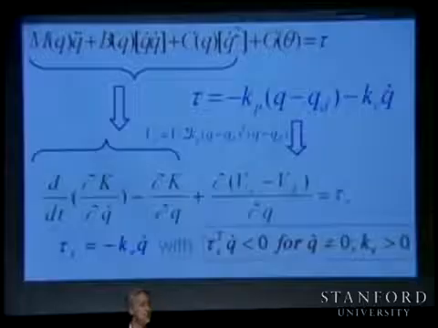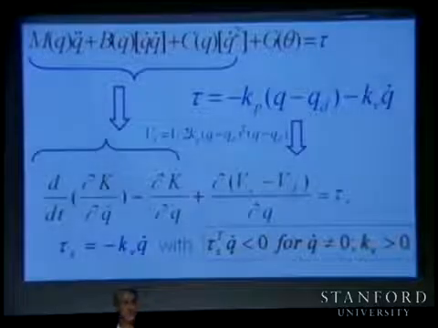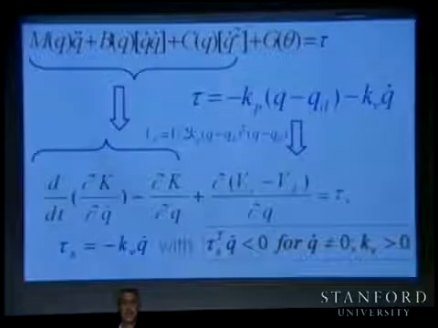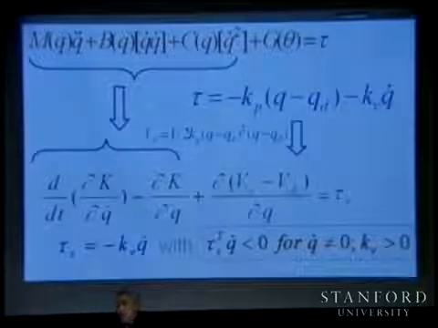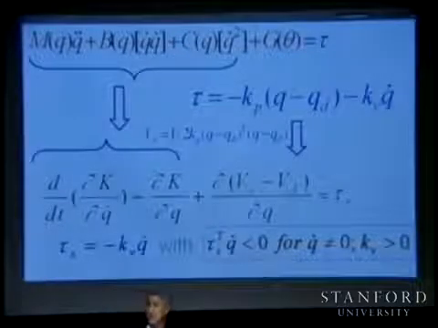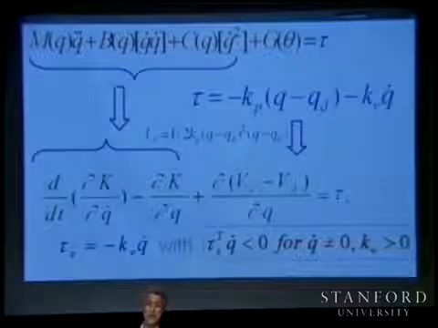What are the parameters in this controller that affect the performance? Yes, the Kp and the Kv. The Kv allows us to dampen the system, and Kp allows us to reject disturbances. So what would you like to do in order to reject the disturbances?